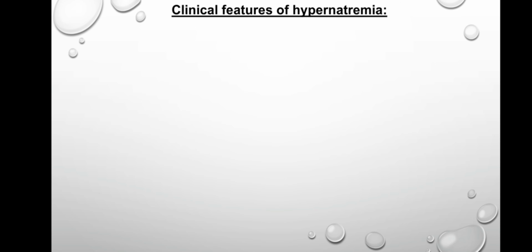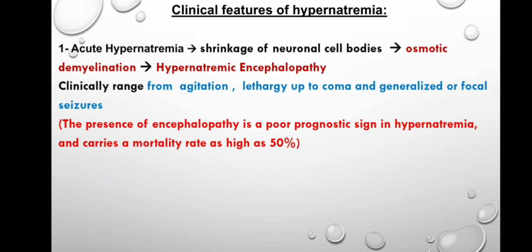What are the clinical features of hypernatremia? The clinical features are more related to acute hypernatremia rather than chronic. Acute hypernatremia will cause hypertonic plasma, which draws water from the cells and causes shrinkage of brain cells and hypernatremic encephalopathy. What is hypernatremic encephalopathy?